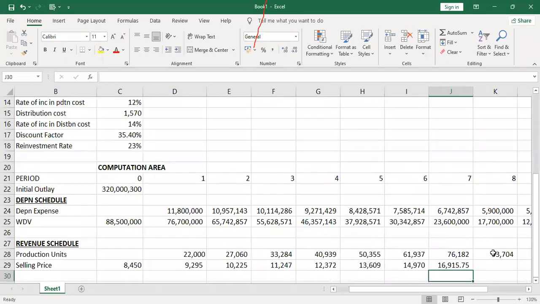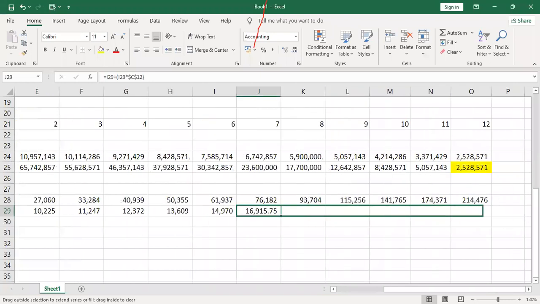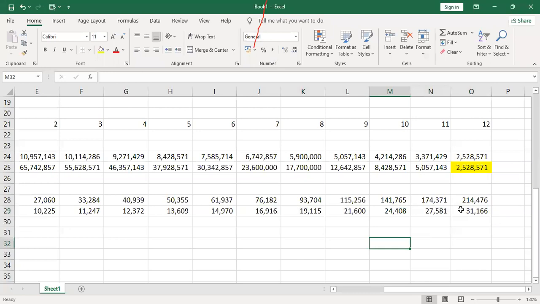Click on the value, press the cursor on the autofill icon and drag up to period 12. So that is your selling price in period 12, 31,166.